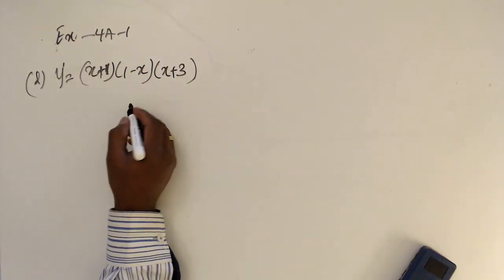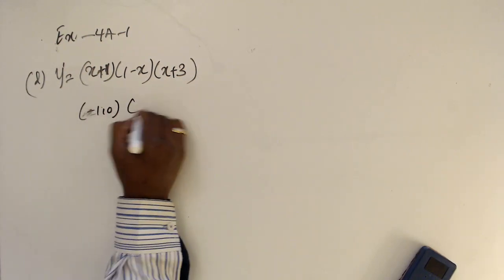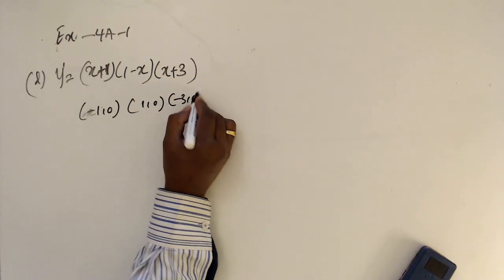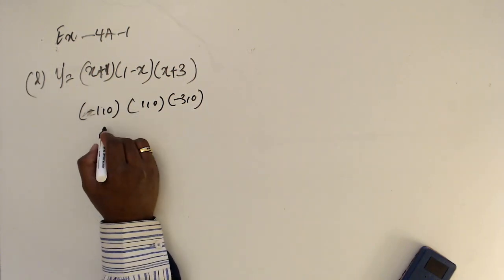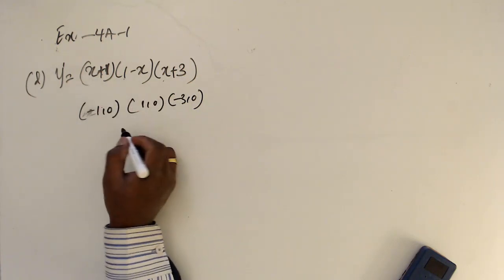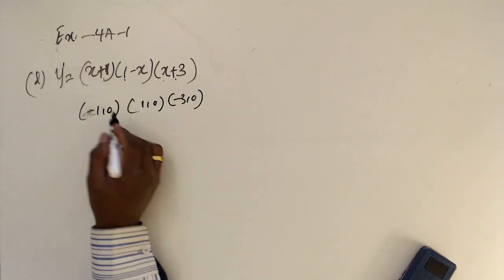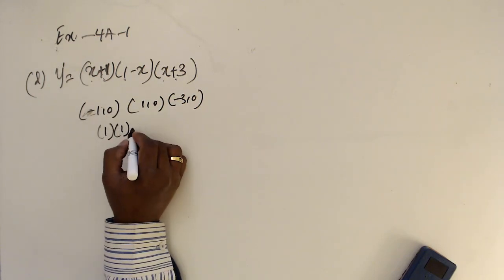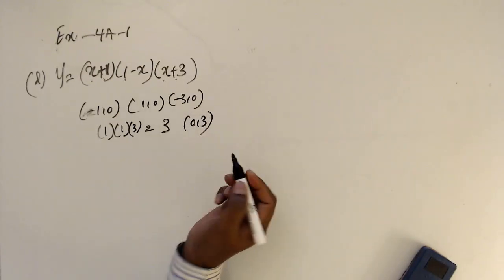Part D: minus 1, 0, 1, 0, minus 3, 0. Just substitute x equals 0, then you can see 1 times 3, so 0, 3.